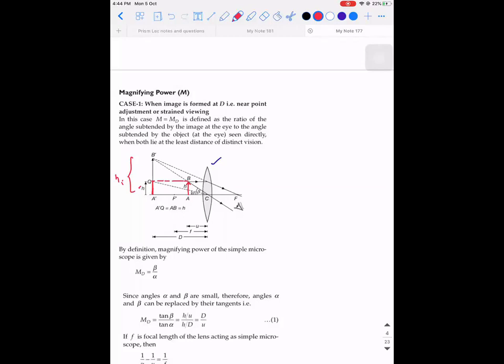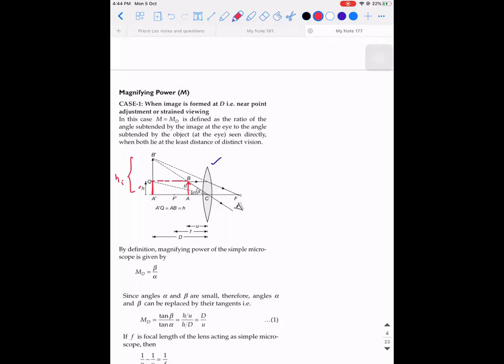Correct? Am I clear, guys? So can I say this A dash Q is also the object height? Yes, A dash Q is also the object height.